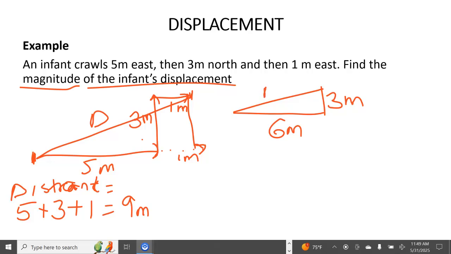So now we're looking for the displacement, we're looking for the D. And seeing this, we know we'll have to apply Pythagoras theorem. If you remember from our last video, we mentioned calculating the magnitude of a vector where you apply Pythagoras. This 6 is on the x-axis, so it's x squared plus, and 3 is on the y-axis, y squared.